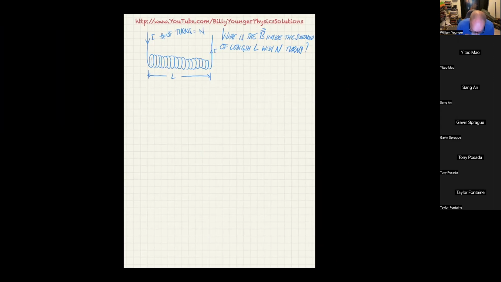We see that the wire is going from back behind the screen, and then it comes out towards the front of the screen, and in fact comes out of the screen and goes up.